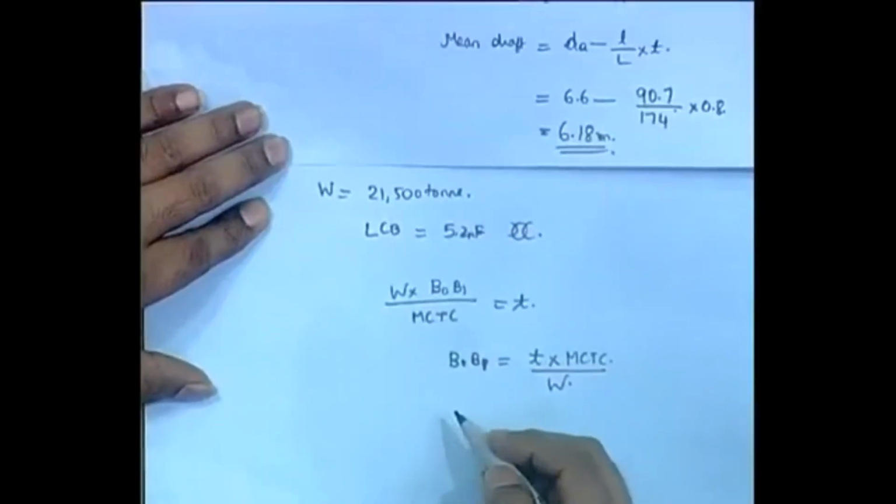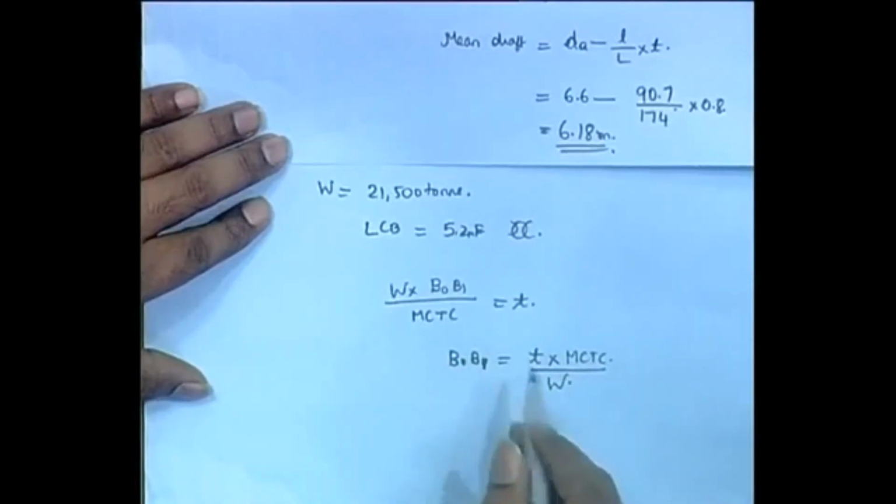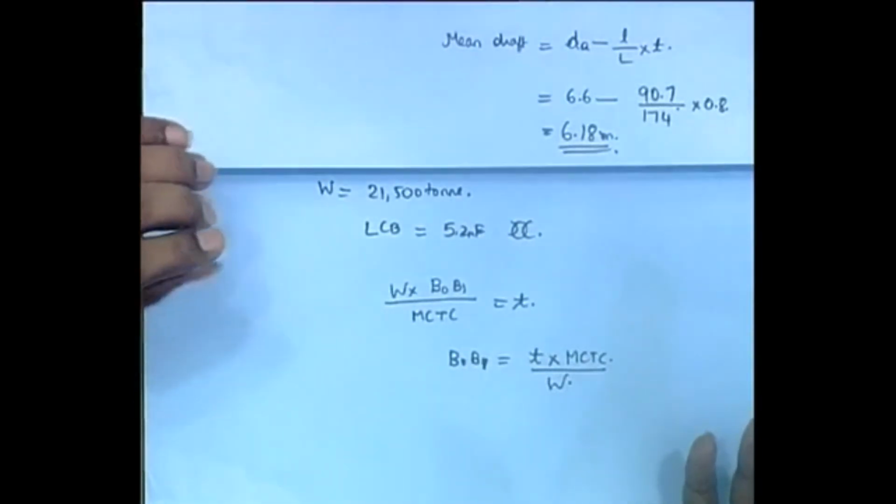And of course, there is parallel sinkage, which is the distance through which the mean draft, or the draft at the center of flotation, comes down or goes up due to the loading. So you have B0B1 is equal to T into MCTC by W. In this case, we are not talking about any change in trim.